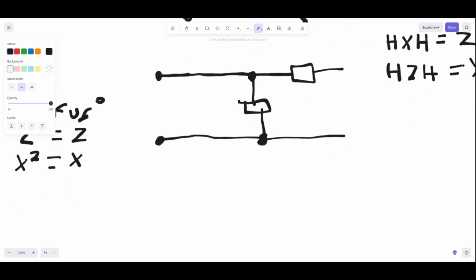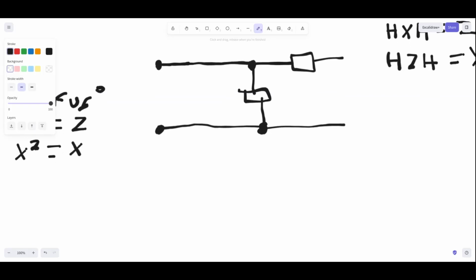If you have two black gates, they become one black gate, and if you have two white gates, it becomes one white gate.